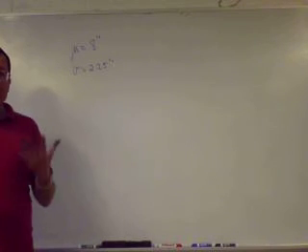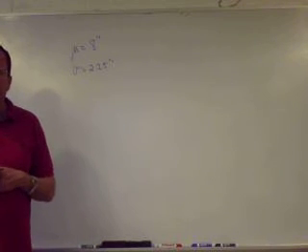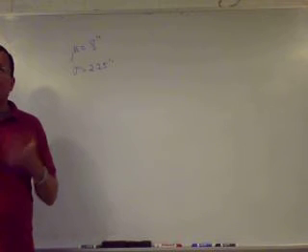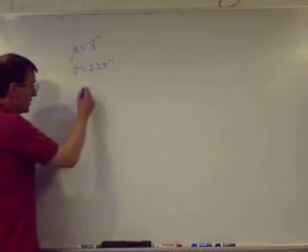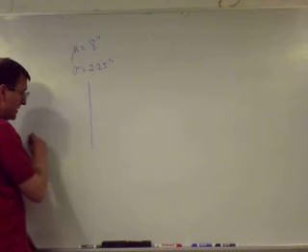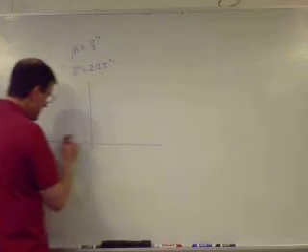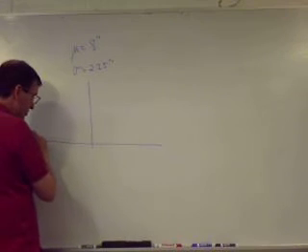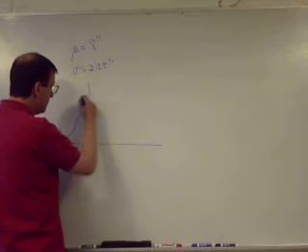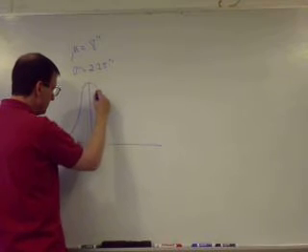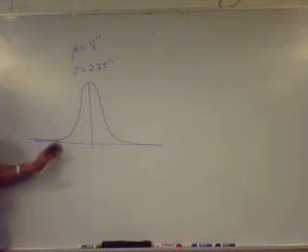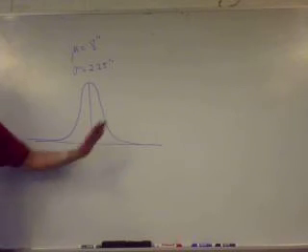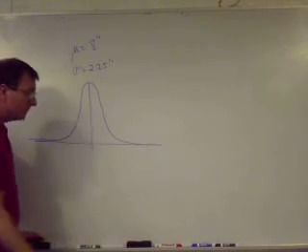Sigma is the population standard deviation, and it's a measure of variability. And they also tell us that the distribution of the fish's lengths is normally distributed. So it follows a bell curve.